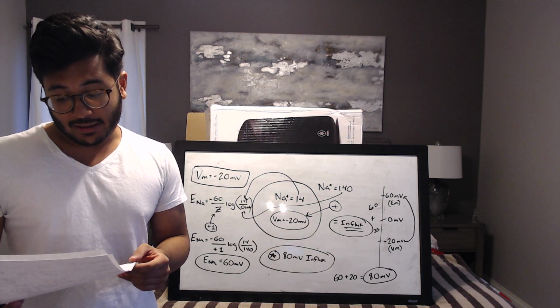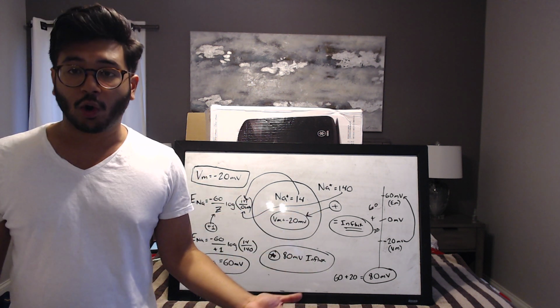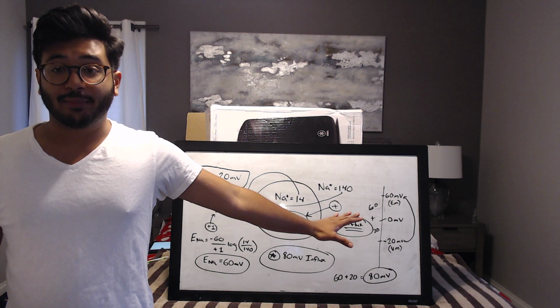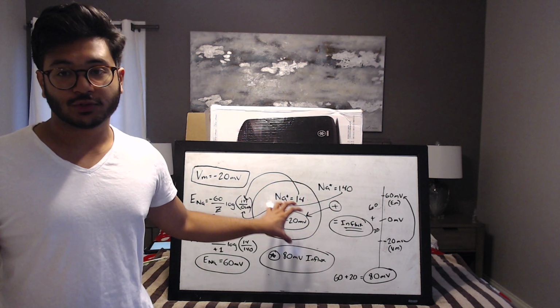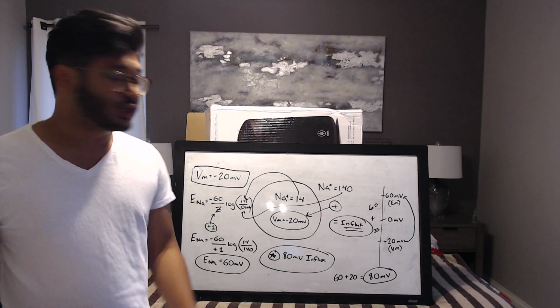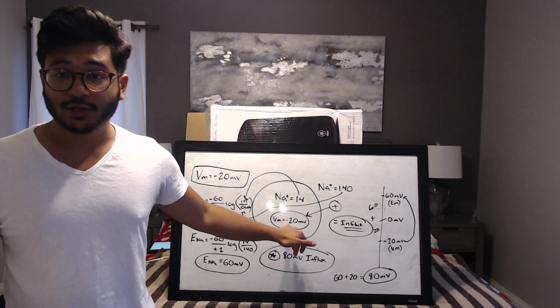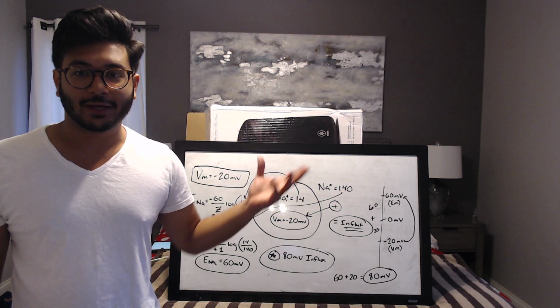And the reason for this, by the way, the reason why you can sort of ignore the direction of flow: say, for example, if we had potassium or something that's way more concentrated inside the cell than outside the cell, if the VM value is negative, it's still going to be an influx. That seems silly.